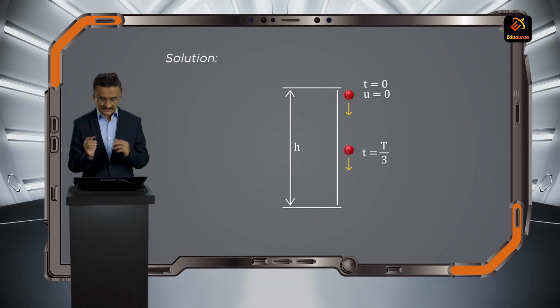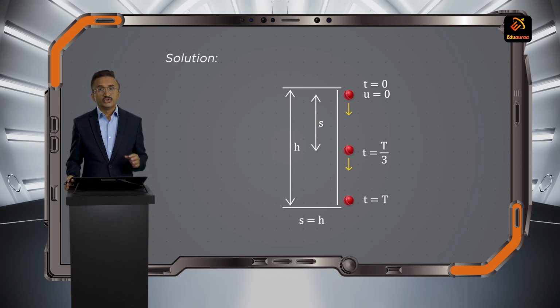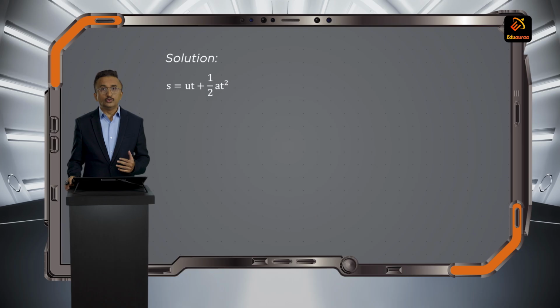The distance covered by the body s is equal to h, and the time taken is equal to t. So the initial velocity, the time taken and s are given. So I can use the formula s is equal to ut plus half at square.